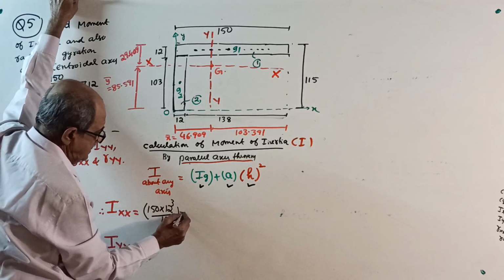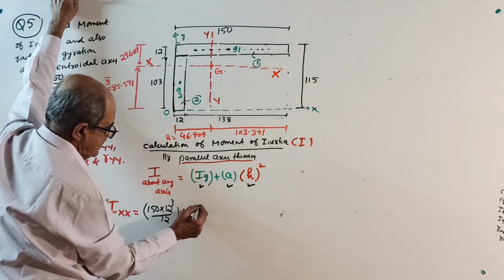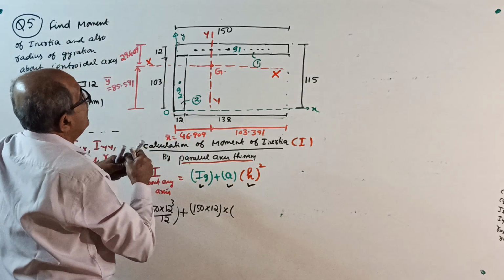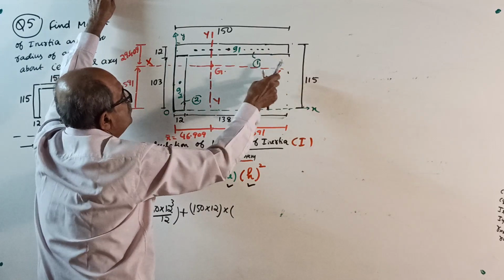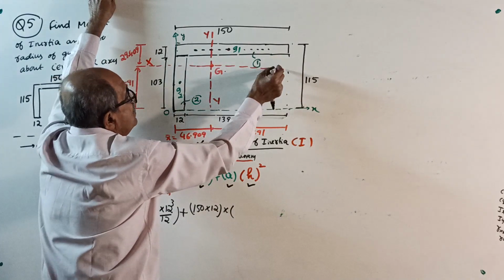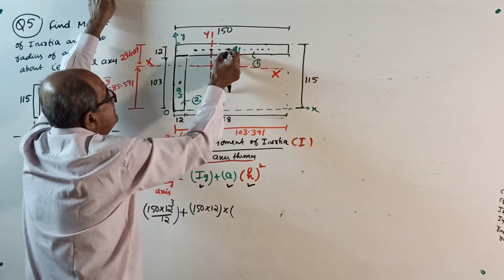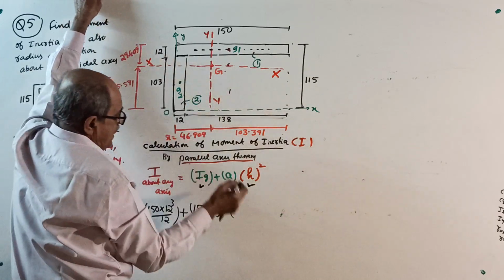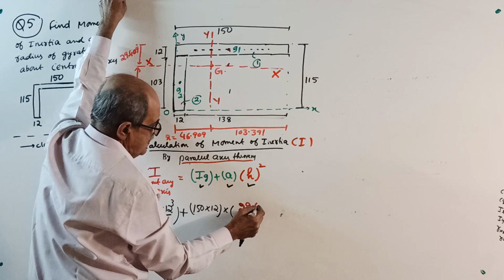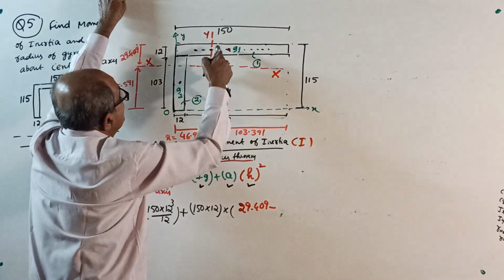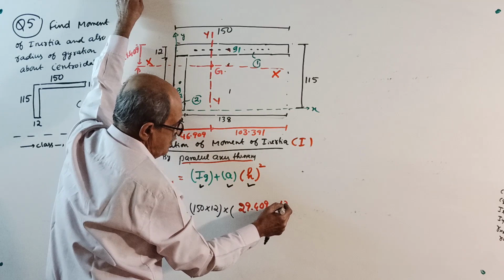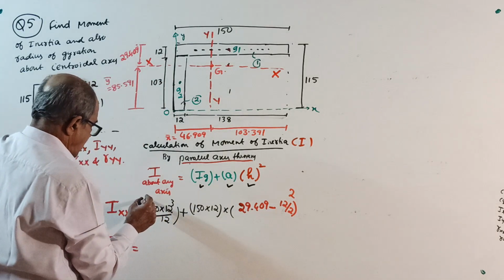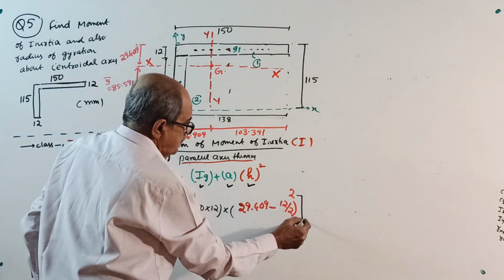This is your IG, plus area, 150 into 12, into the distance from the centroid of that component to the x-axis, this distance square. That distance is 29.409 minus 12 by 2, whole square. This will give I about x for your part 1.